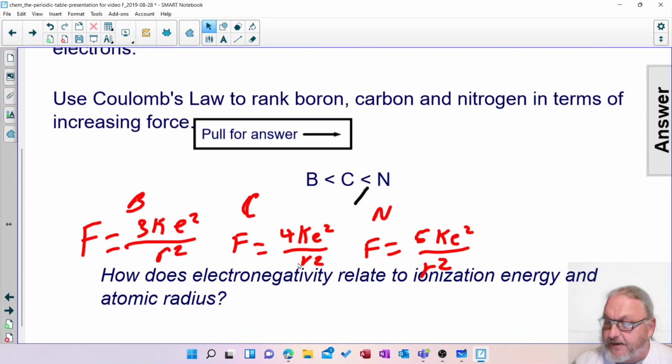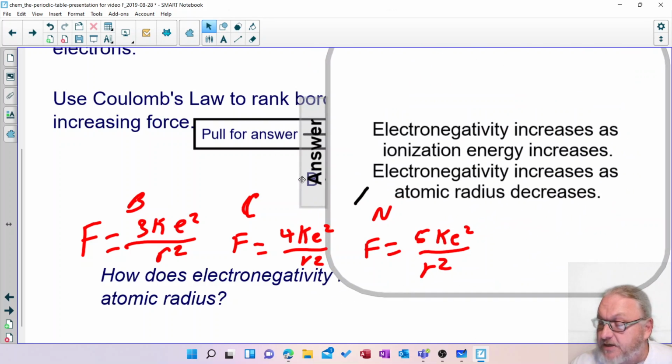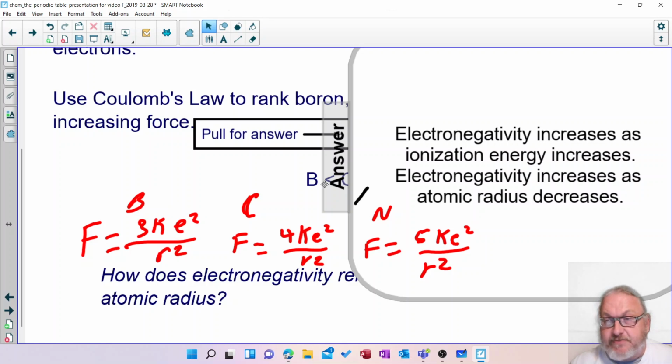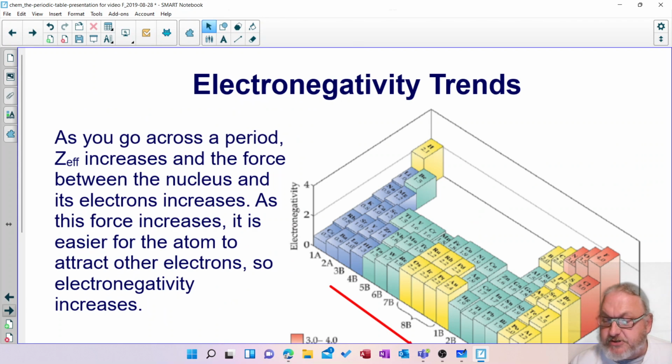Now, how does electronegativity relate to ionization energy and atomic radius? Electronegativity will increase as ionization energy increases. Electronegativity also increases as atomic radius decreases, an inverse relationship. If we know how it works according to Coulomb's law, we'll have a better understanding of it.